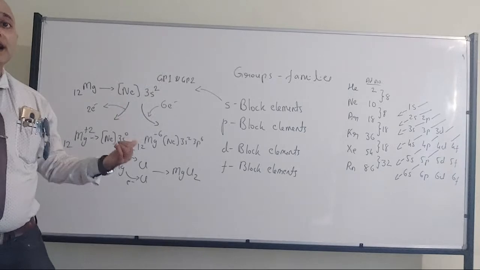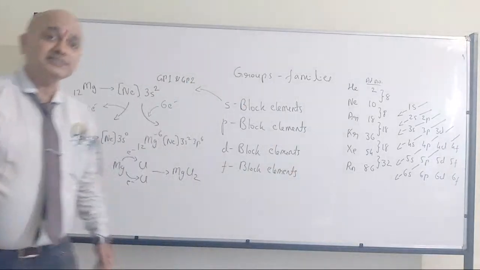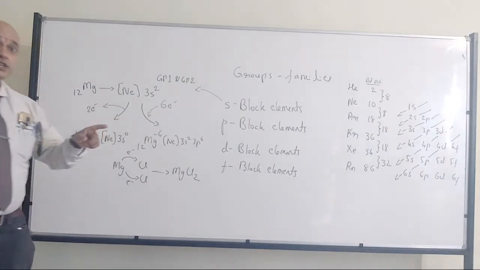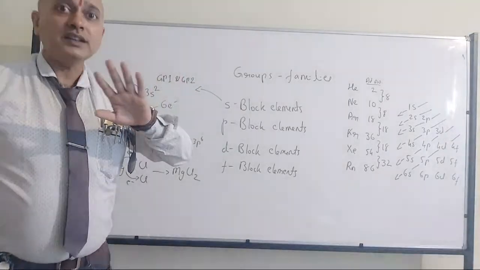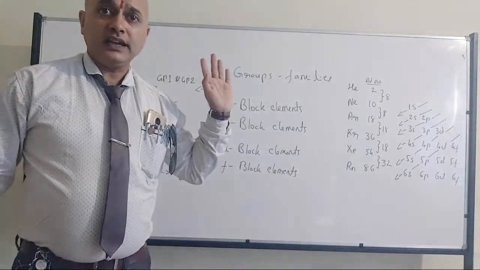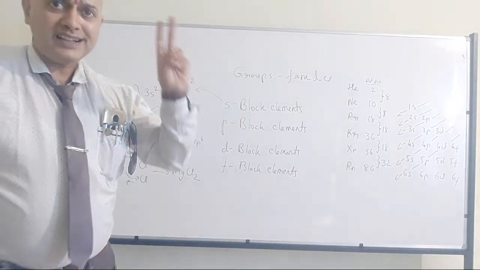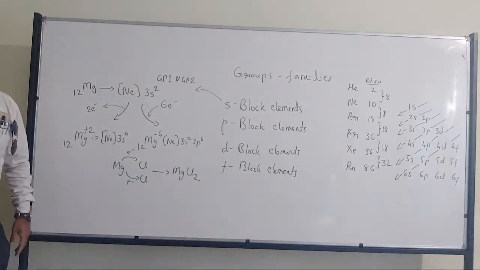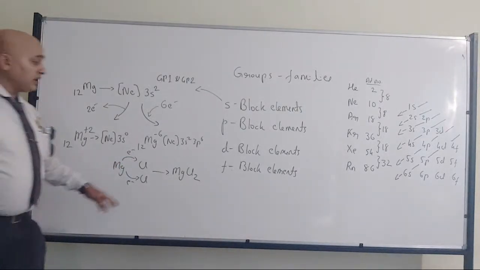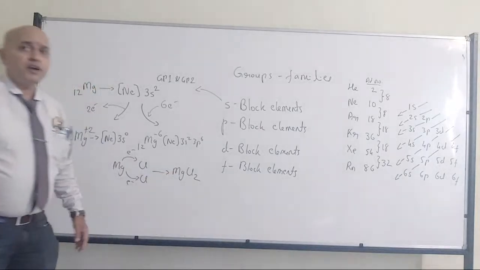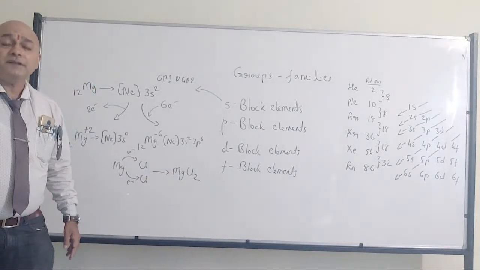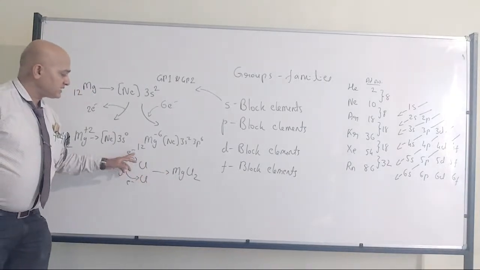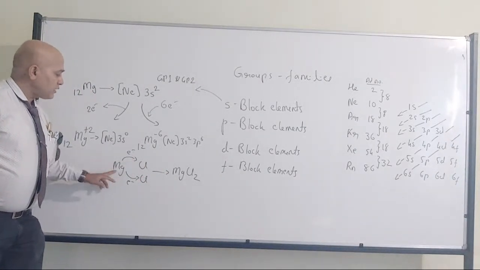NaCl, but here MgCl2, because 1 chlorine cannot take up 2 electrons, but magnesium is going to donate 2 electrons, not less than that, not more than that. It will be exactly 2 electrons which can be donated by magnesium. So therefore, the magnesium chloride formula will be MgCl2, because 2 chloride ions will be formed by accepting 1 electron each from the magnesium.